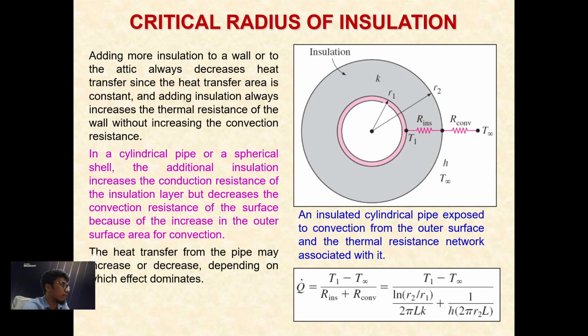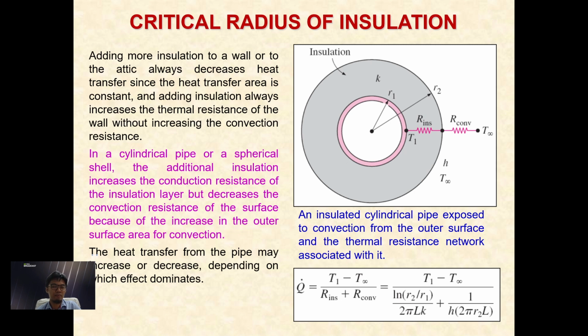Furthermore, we have critical radius. For example, usually for a pipe, we add an insulator around the pipe to prevent the pipe itself from having extreme heat transfer. What does extreme heat transfer mean?